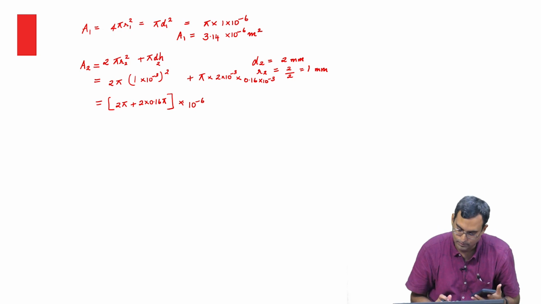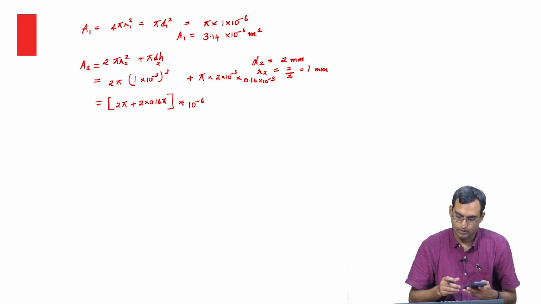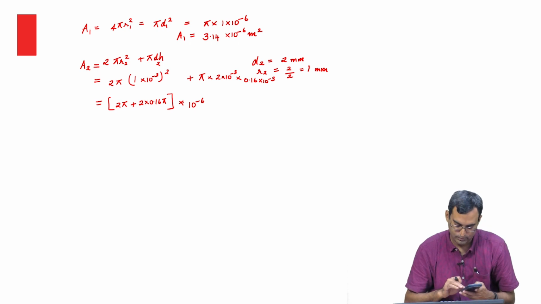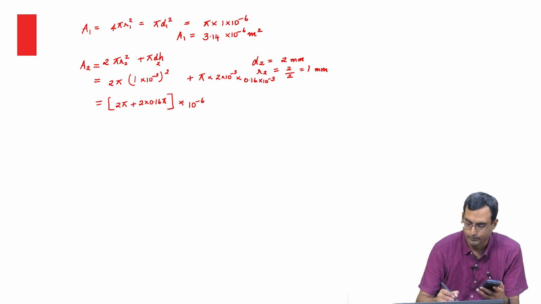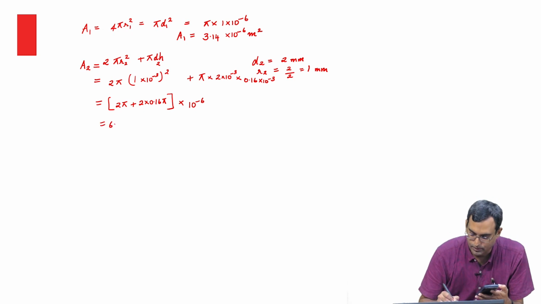So, that is 2 plus... so this is 6.38 into 10 power minus 6 meter square.